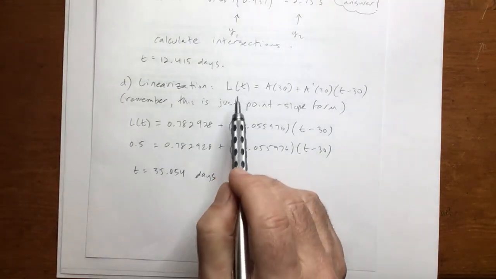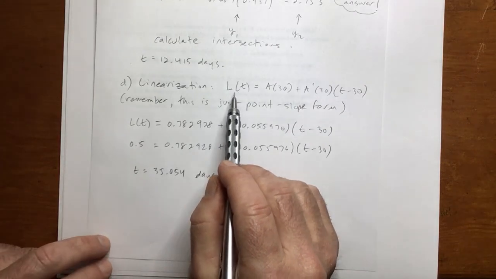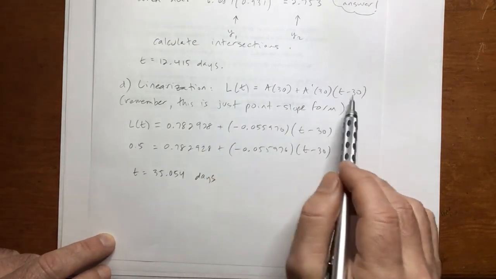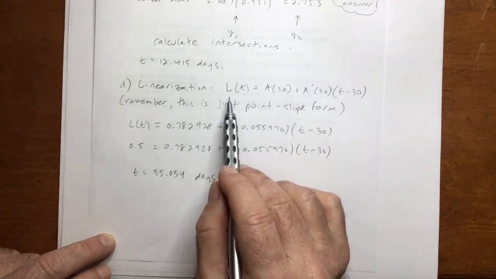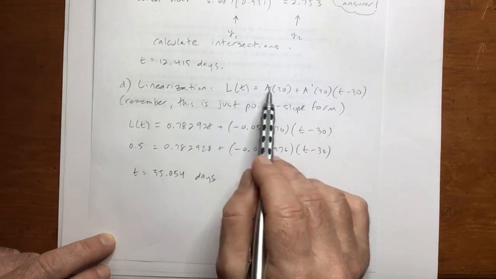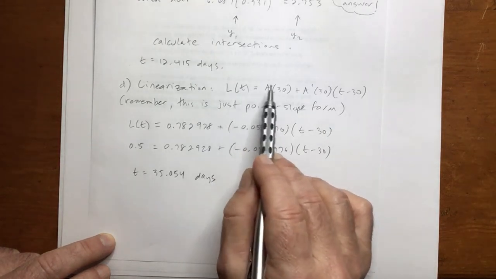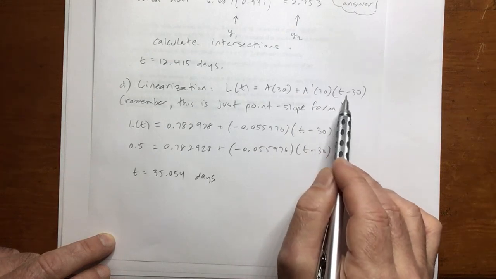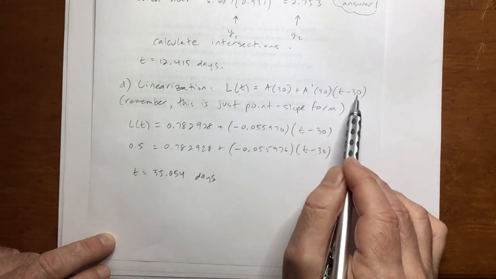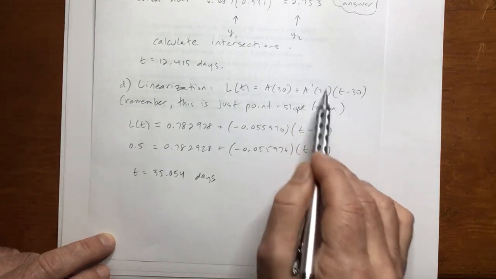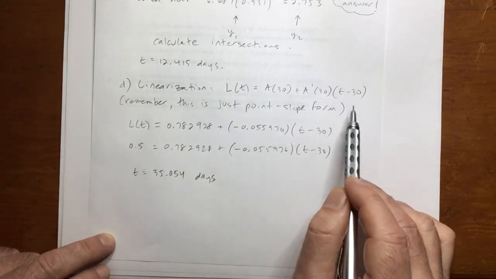Okay, so a linearization simply comes from, you guys have, like I said earlier, way too much to memorize. Okay, remember, this is just point slope form. This is just y. This would be over here, y minus y1 equals m times x minus x1. Okay, and so your m, your slope, is just the derivative at that given time.